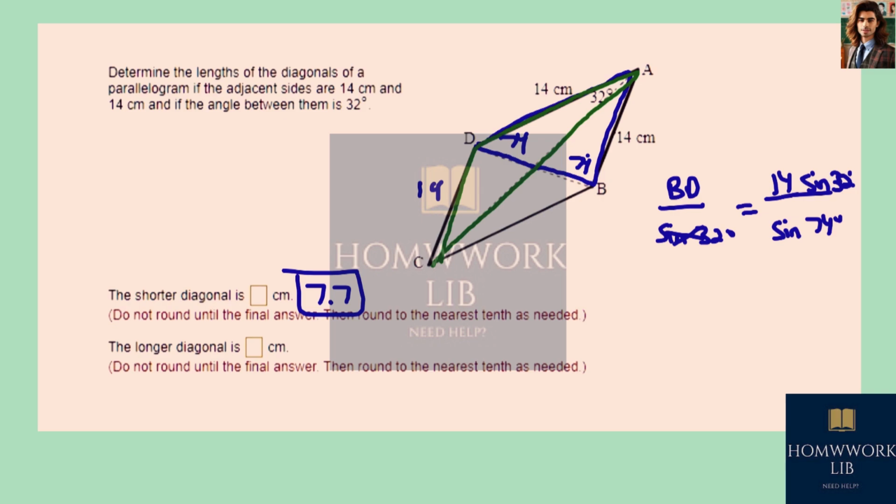And the diagonals do not bisect. Actually, the diagonals would bisect because this is going to be a rhombus. And so we can think of this as 148 degrees.